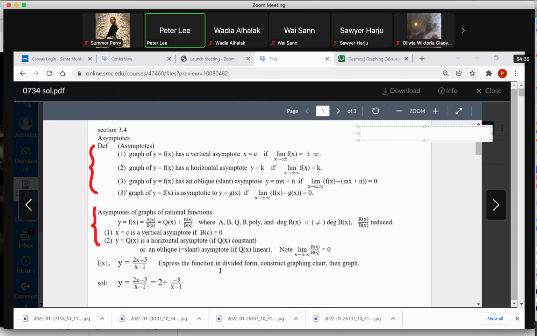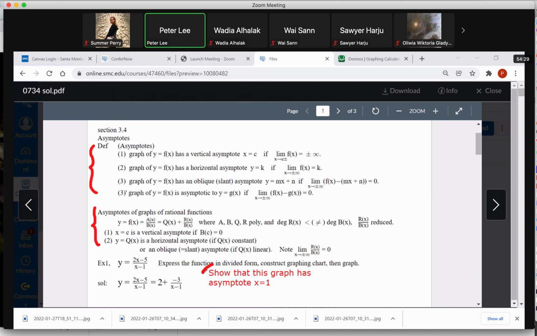Let's say in this case, instead of writing this, I can ask you, show that this graph has asymptote x equals 1. Now if I use the word show, then what comes in?